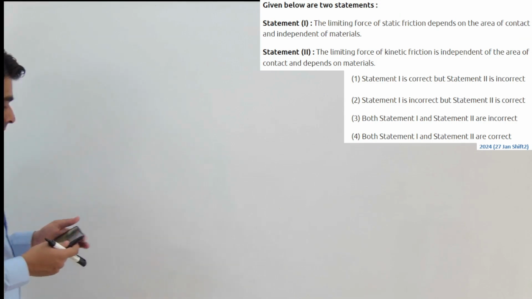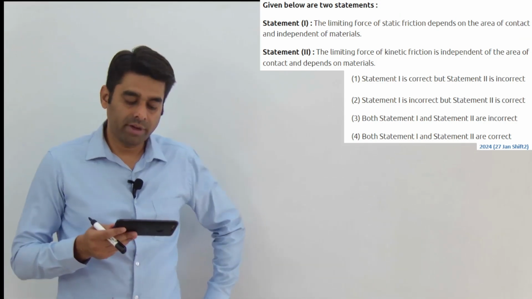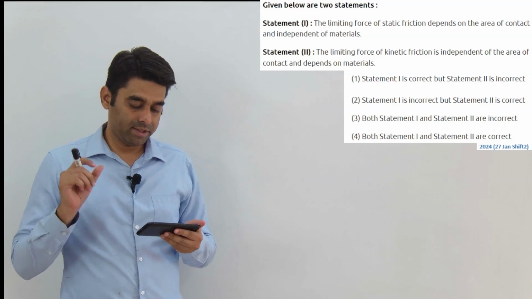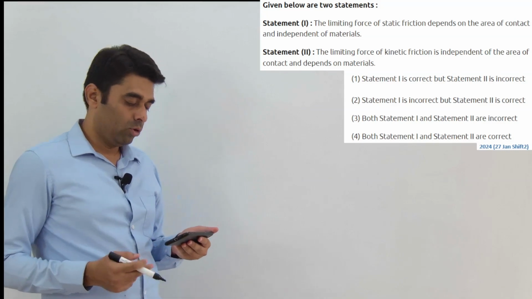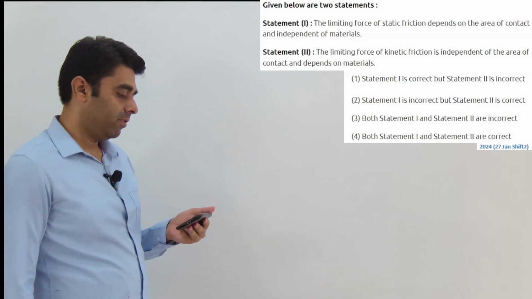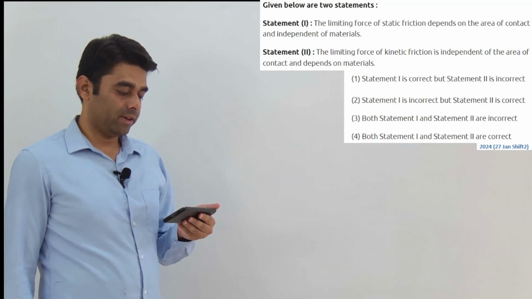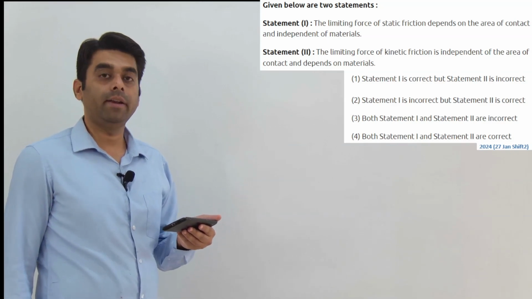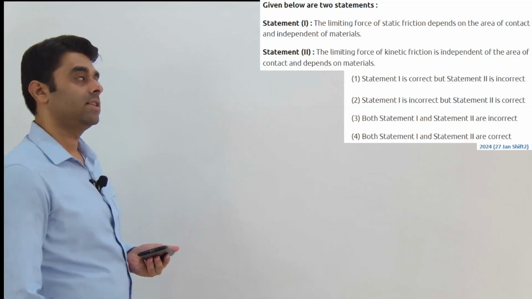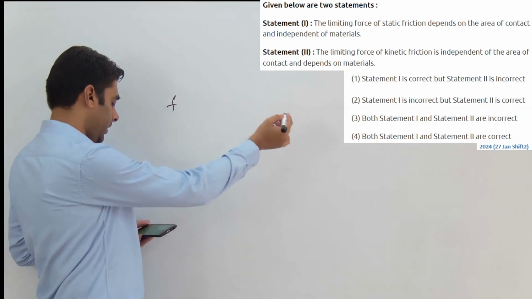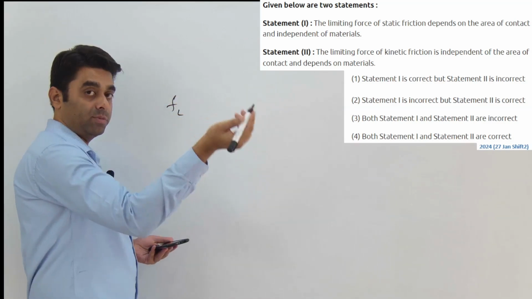Next, a theoretical question. Two statements are given. Let us check which is true and which is false. Statement 1 says the limiting force of static friction depends on the area of contact and is independent of the material. We write the limiting friction, that is the maximum value of static friction.